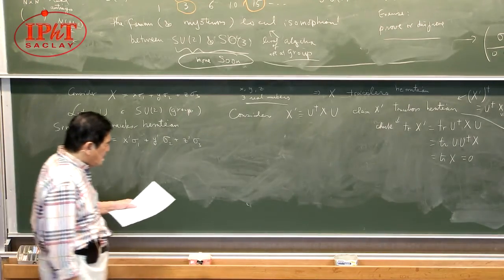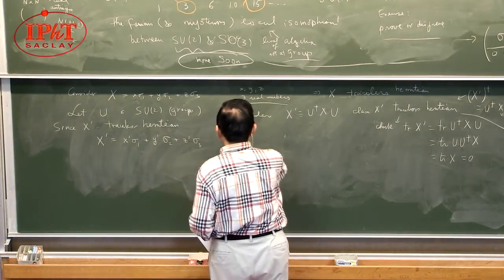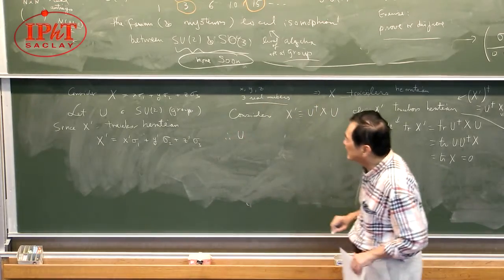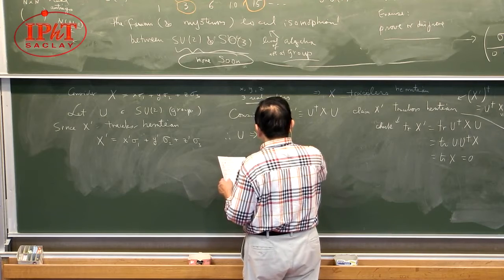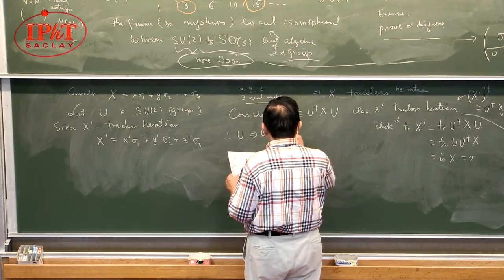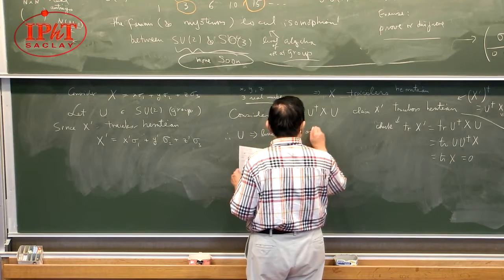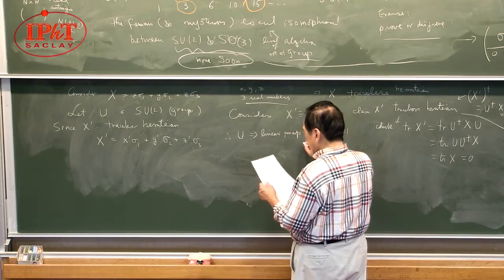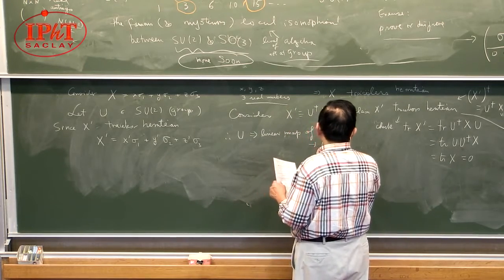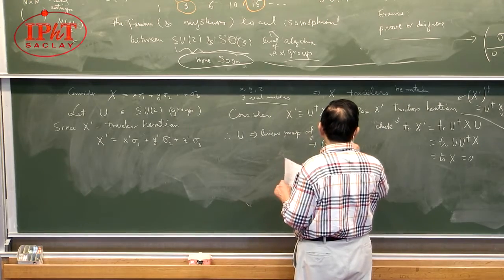Okay? So therefore, U, any element of SU2, defines a linear map of x, y, z into x prime, y prime, z prime.